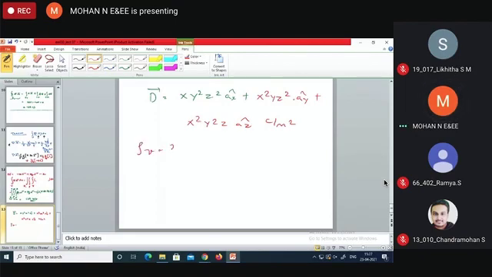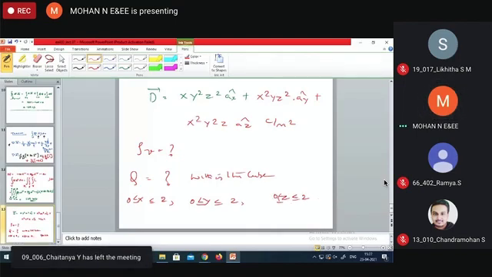Find rho v, find q within the cube. The x limits are given, the y limits are given, and the z limits are also given.